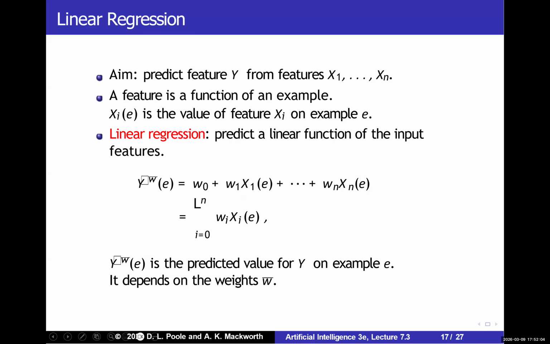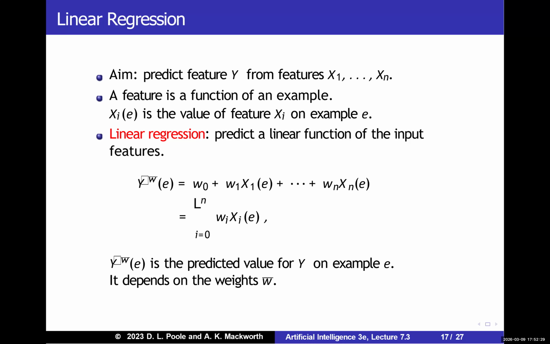And another common type of supervised learning model is linear regression. In linear regression, the model attempts to predict an outcome by computing a weighted combination of input features. Each feature contributes to the final prediction through a coefficient or a weight. These weights determine how strongly each feature influences the outcome.